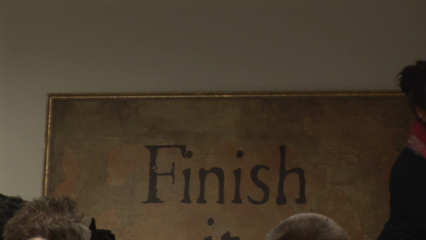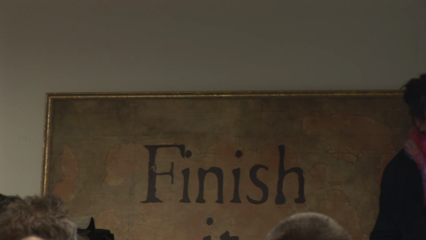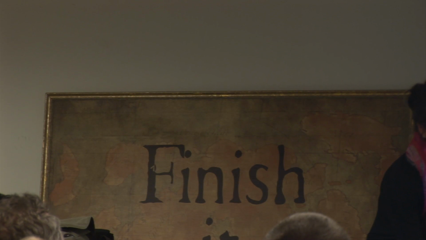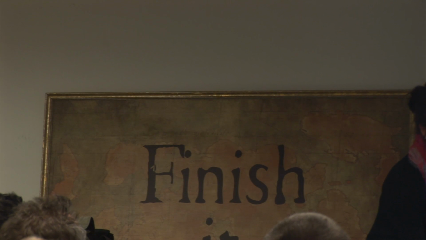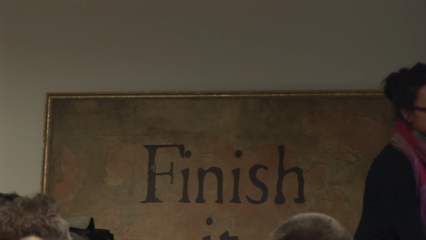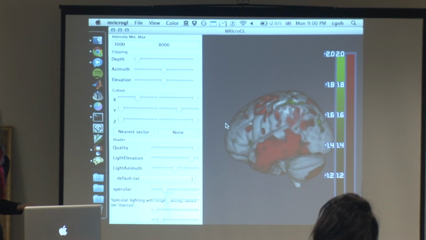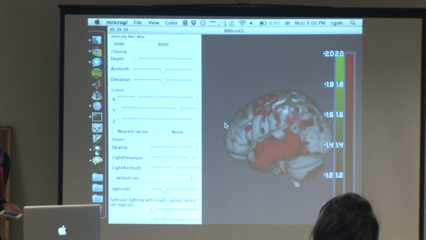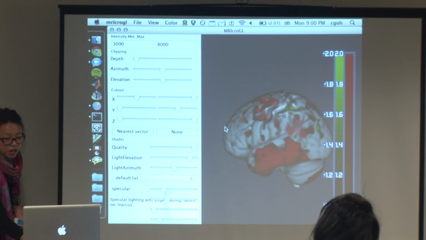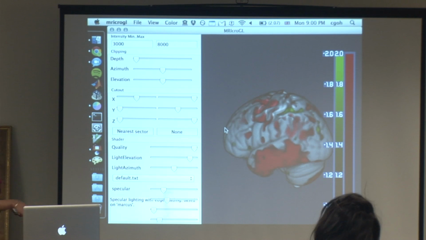And actually, I want to quit this for a second, and I want to show you someone else's brain. This is my colleague's brain. It's better in 3D. But it's really interesting if you know the person. So in his pattern, red is higher than normal, and green is lower than normal. His pattern is totally different from mine. He has a ton of stuff in the temporal lobes.